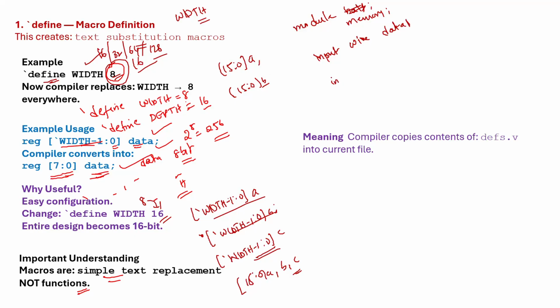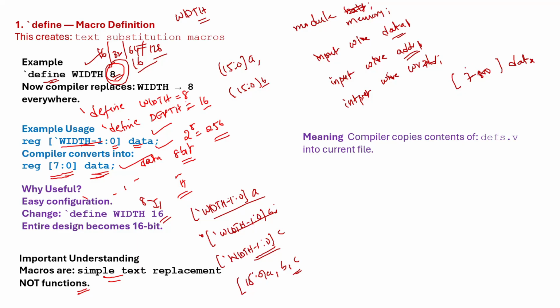And then input wire address I mentioned, and some write pointer I mentioned. So this width and address having some depth. This data is having some width like this, 7 down to 0. I will represent it manually here.